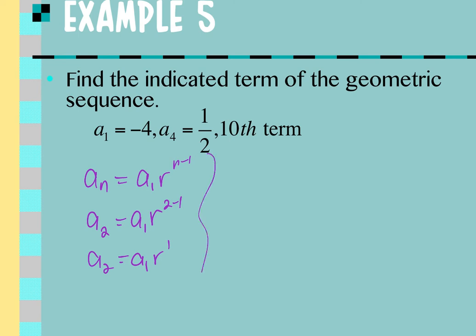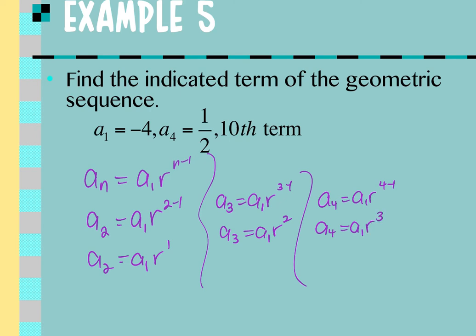If I wanted to find A sub 3, it would be A1 r to the 3 minus 1, so A3 equals A1 r to the second. If I wanted to find A4, it would be A1 r to the 4 minus 1. A4 equals A1 r cubed. We don't know r, but we're establishing a relationship.